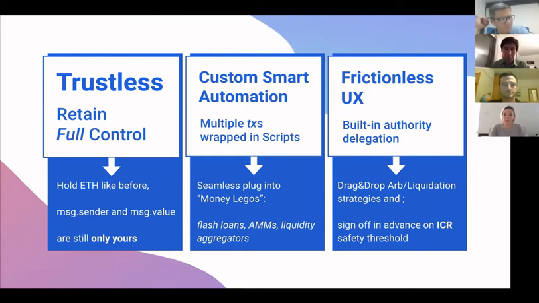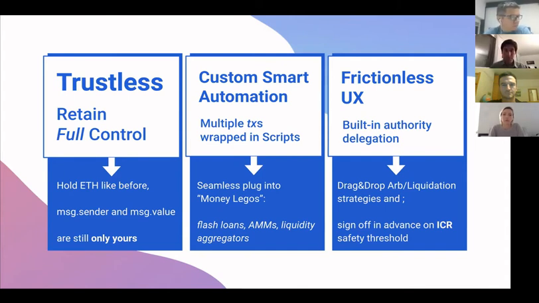You can seamlessly plug in to all existing money Lego infrastructure by writing scripts. Scripts are very, very simple Solidity programs that allow this kind of smart automation for your shares in the Liquity protocol or your utilization as a borrower.